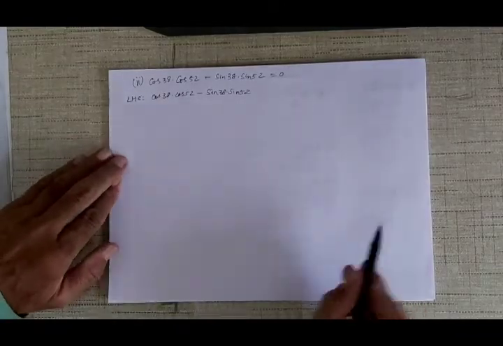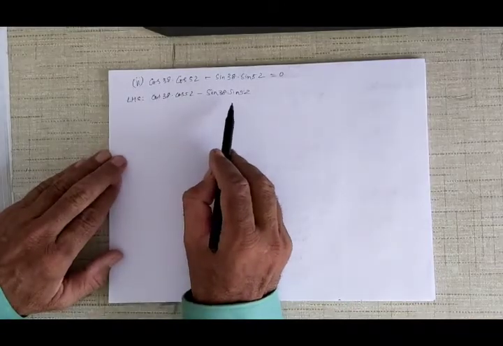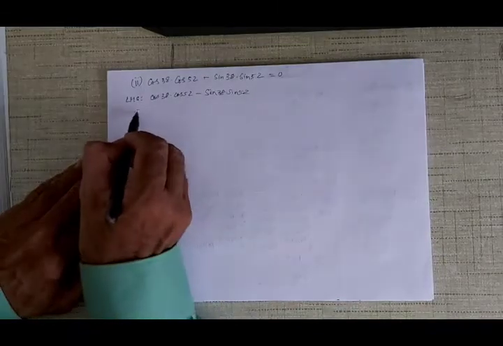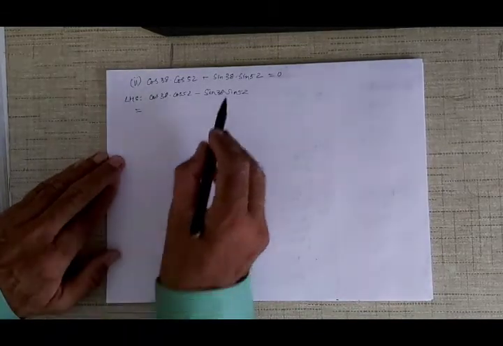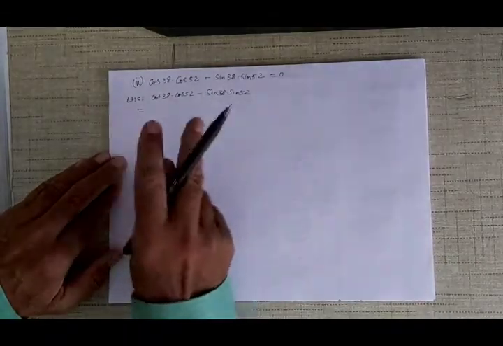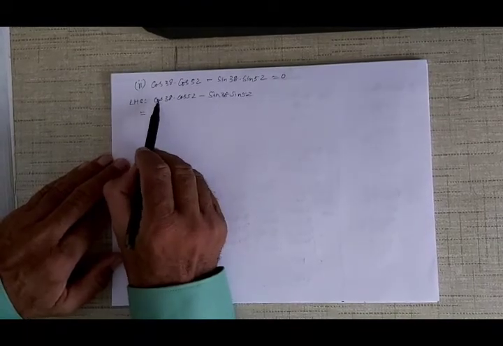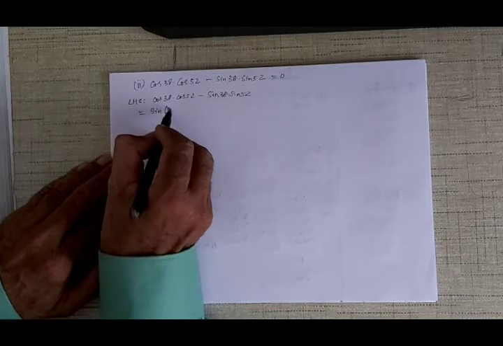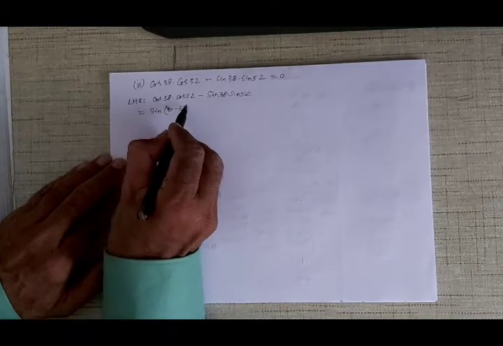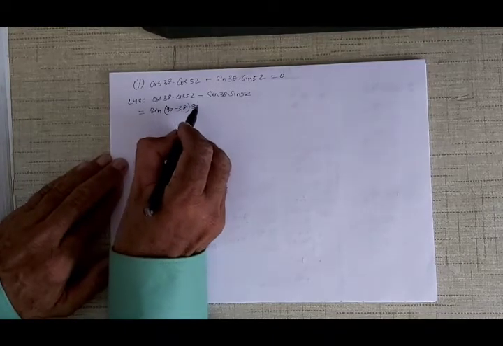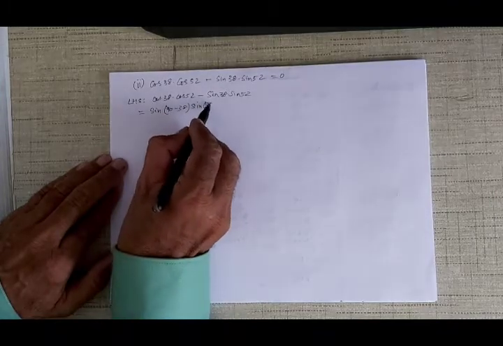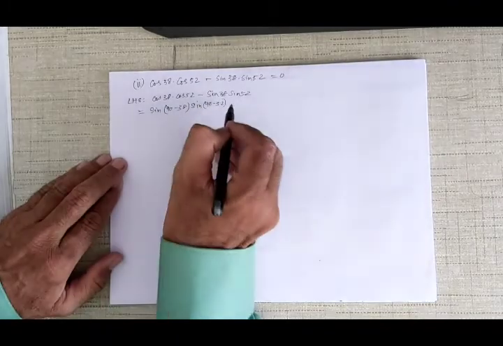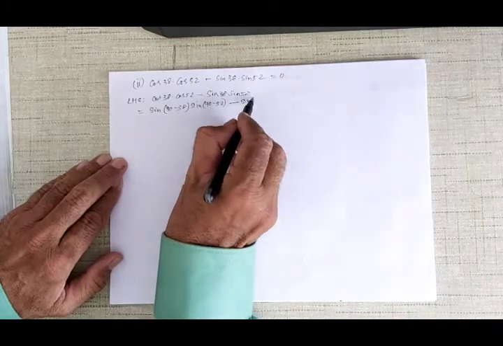Now I must change one of them, not both of them. So I am going to change cos into sin. Sin into cos also I can change, but don't change both. So I get sin 90 minus 38 into again sin 90 minus 52, and keep sin as it is. Don't change sin now.